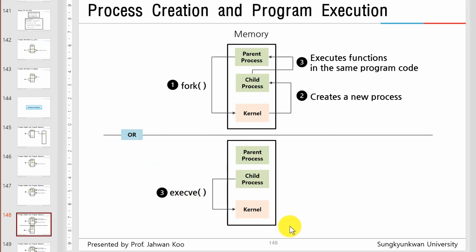The child process inherits most of the parent's properties. However, the child process may not want to receive the inheritance from the parent. So, the child process uses the EXECVE system call to load and execute an entirely new program.